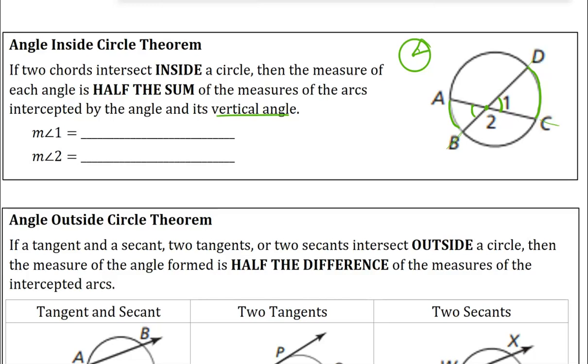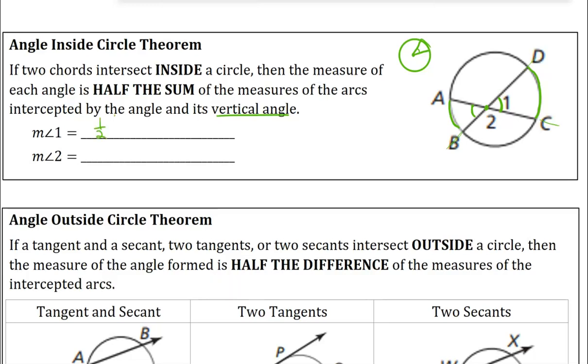Okay, so we are using two different arcs here, but the two arcs are based on the intercepted arcs of the vertical angles. So the measure of angle 1, which is congruent to this one over here that's unnamed, is going to be half the sum of these two intercepted arc measures.